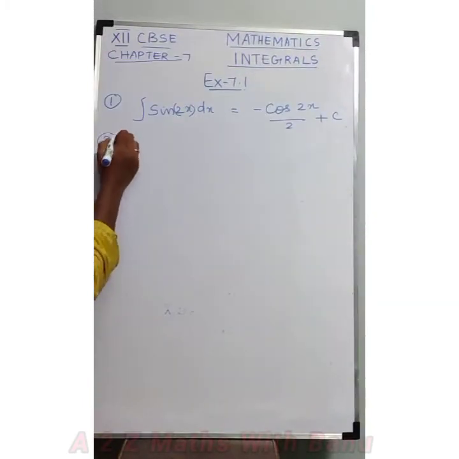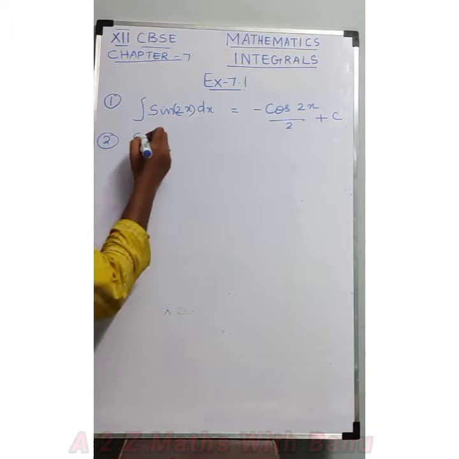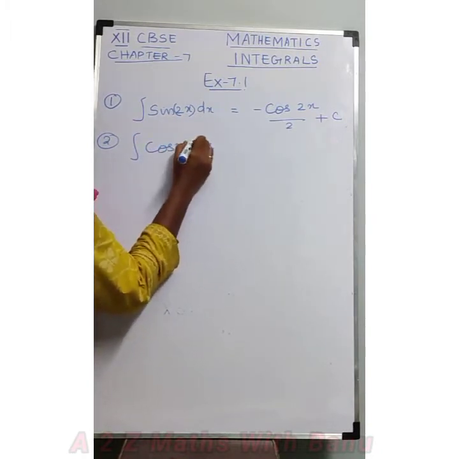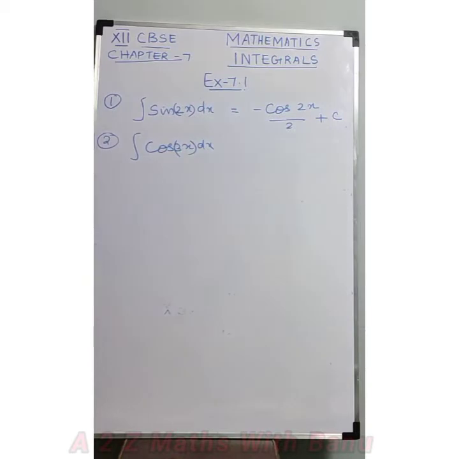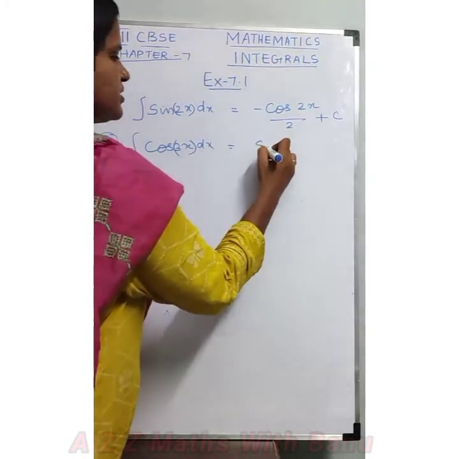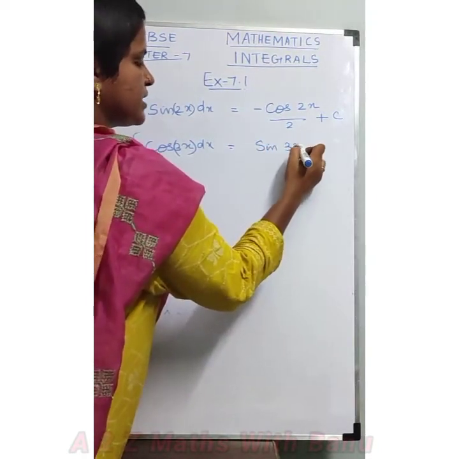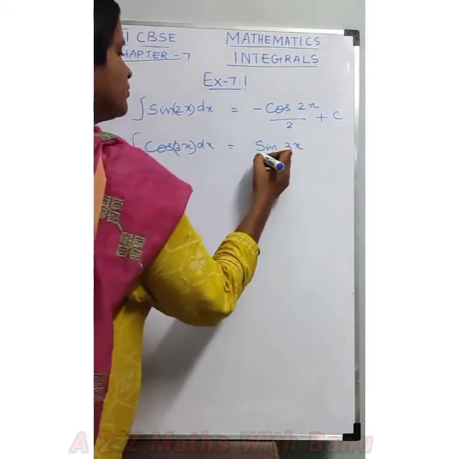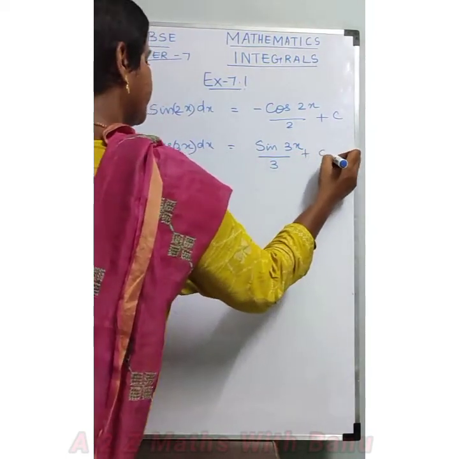And the second one is the integral of cos 3x dx. Here the argument is 3x. The integral of cos x is sin x. So this is sin 3x, but 3x whose derivative is 3, which has to be divided.